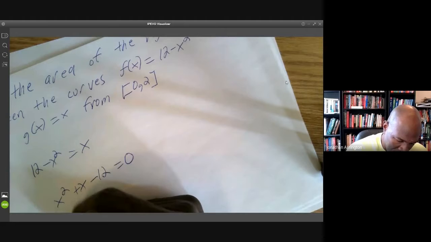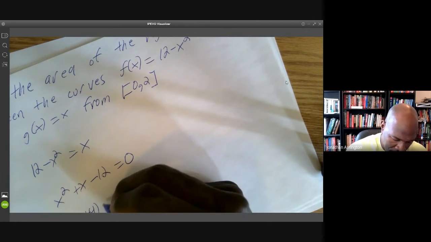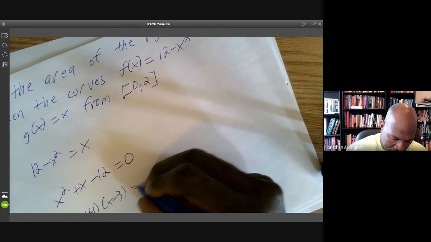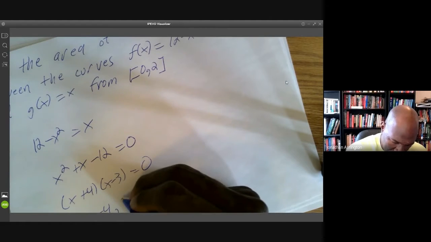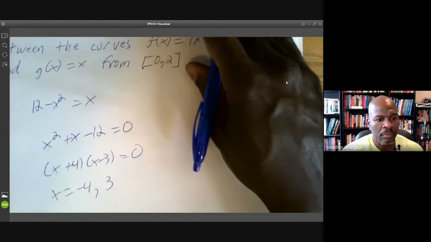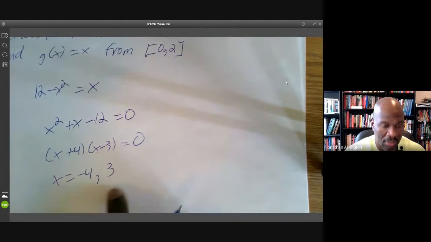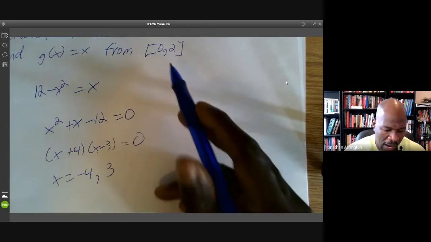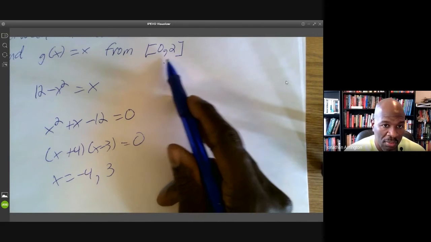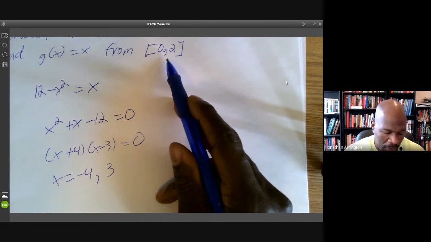So that's going to be x plus 4 times x minus 3, which means the solutions are -4 and +3. Those are the two points of intersection. Now, if you notice, both of these points are outside of the given interval, so we don't have to worry about it.